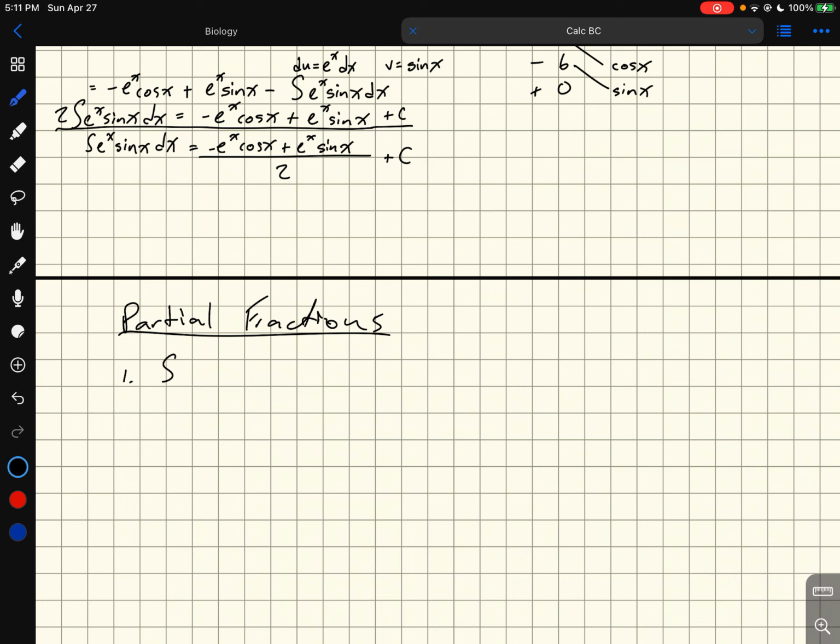I'm going to start off with a simple one, perhaps. X squared plus 2x minus 1 over 2x cubed plus 3x squared minus 2x.